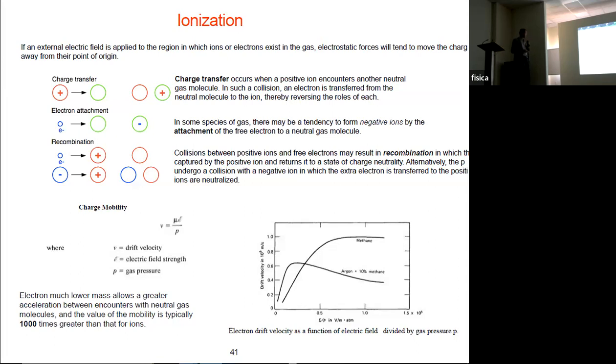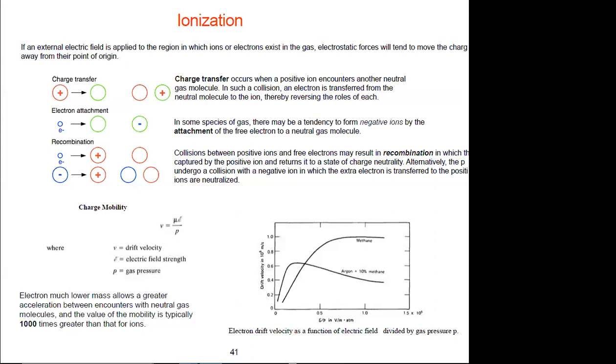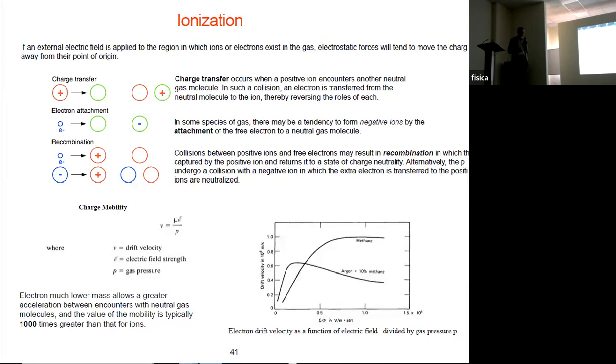And this parameter strongly depends on the electric field strength and the parameter which is called mobility. When we talk about gases, the pressure of gases matters, because we have more molecules. We have lower velocity; it's inversely proportional to the pressure in the gas.